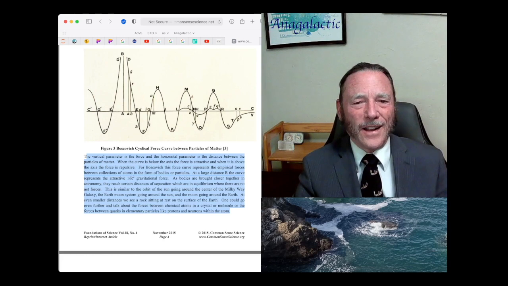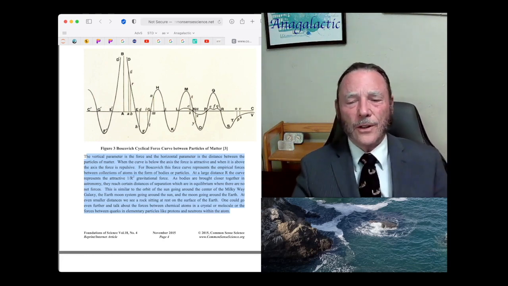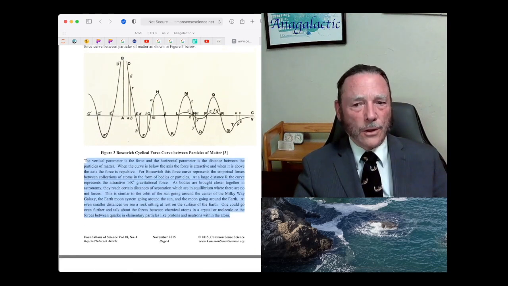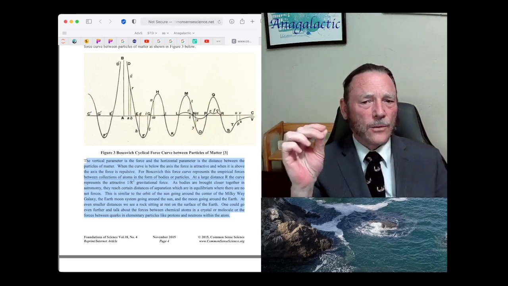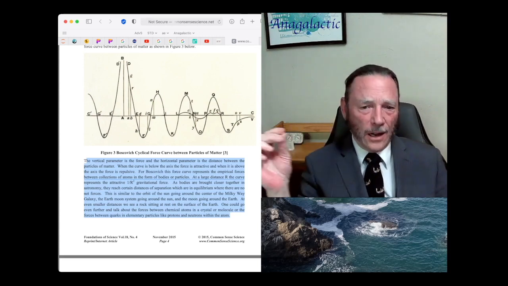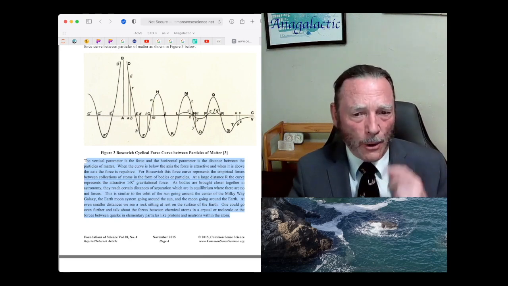And the reason why it's on the whole line is because this curved line shows the approach. You can think of it that way. It's the approach of one particle directly toward the other particle. That line, the horizontal line, is the path of the particle.